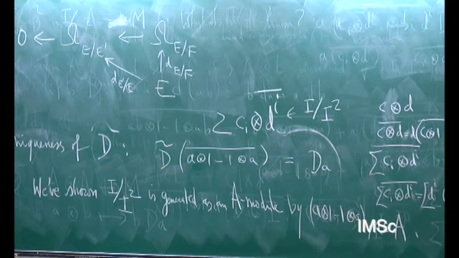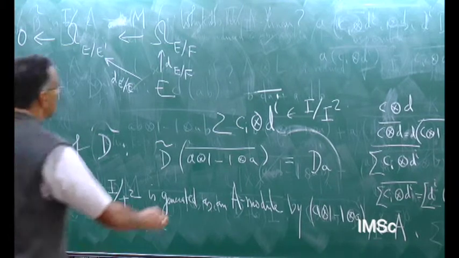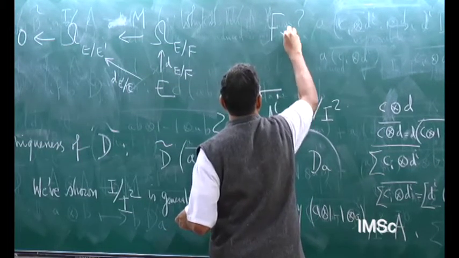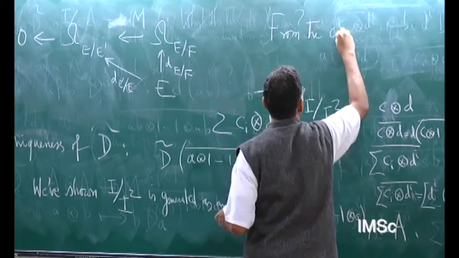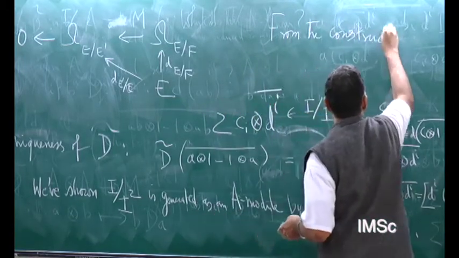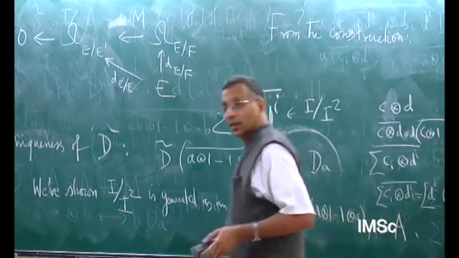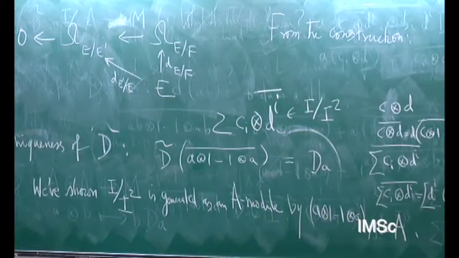Here I don't like the proof. Why is it onto? Okay, I'll give you a proof that I don't like. The proof is from the construction, and this is the part I don't like. I should not refer to the construction, but that's the only proof I know at the moment.